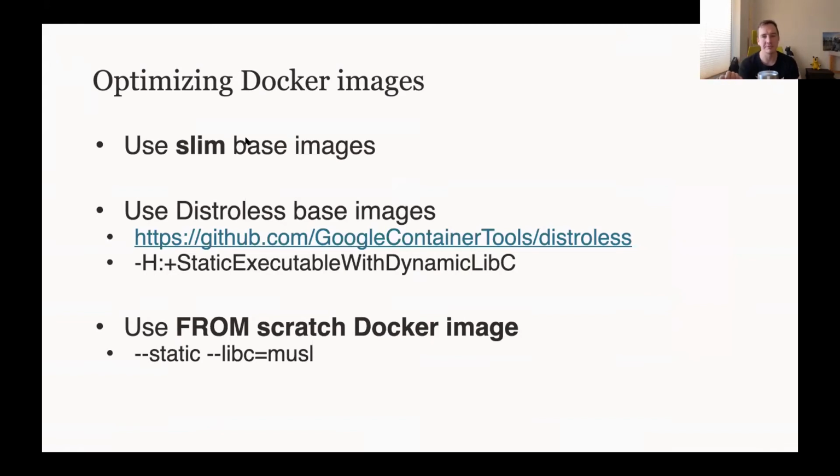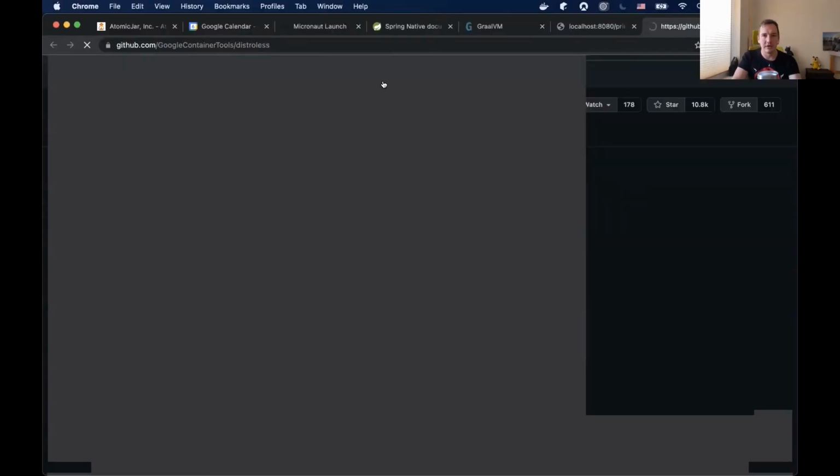You can even use distroless based images, which are an even more reduced Docker image effort by the Google Container Tools project. You need to build your native image specifically for that. And then if you build with static and link against musl libc, then you can use a from scratch Docker image, and it will literally be one Docker image with just your application, which is very, very cool.